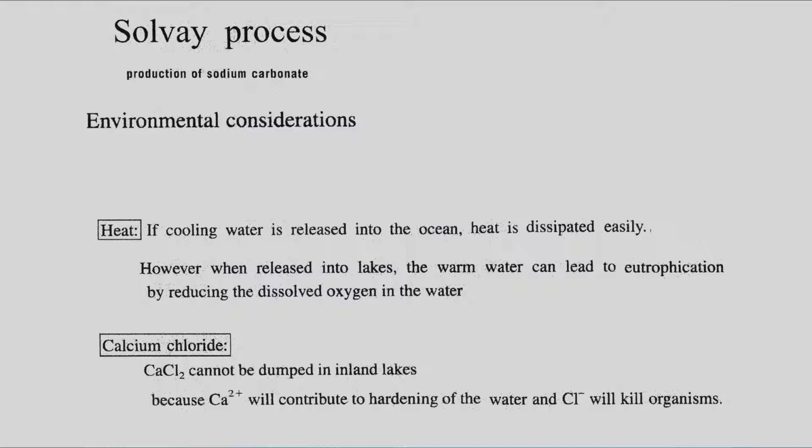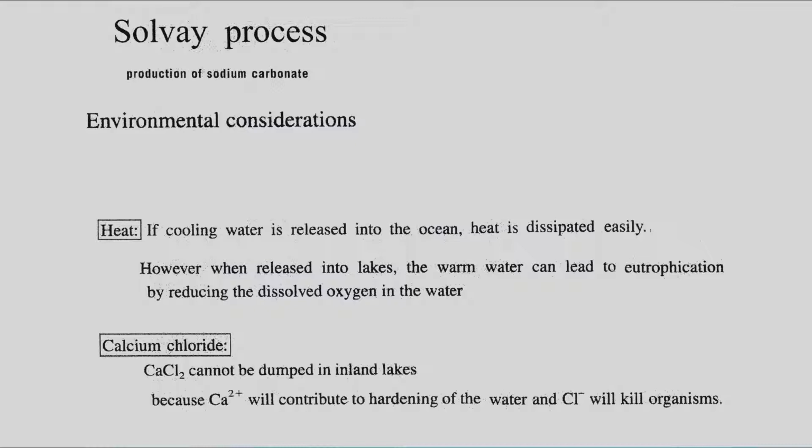Calcium chloride in small amounts is not toxic. But if you dump a large amount, the calcium will cause the hardening of water, and the chloride will kill the organisms, it will kill the fish. So this too is a consideration.